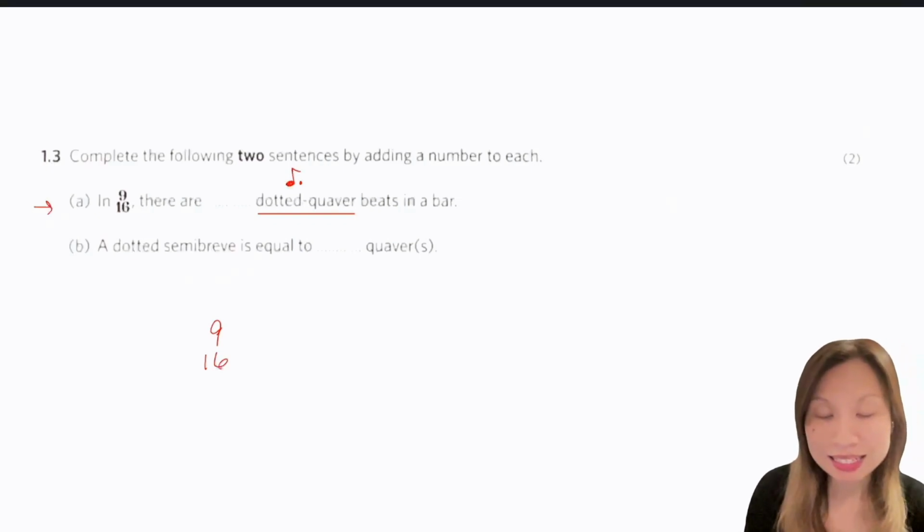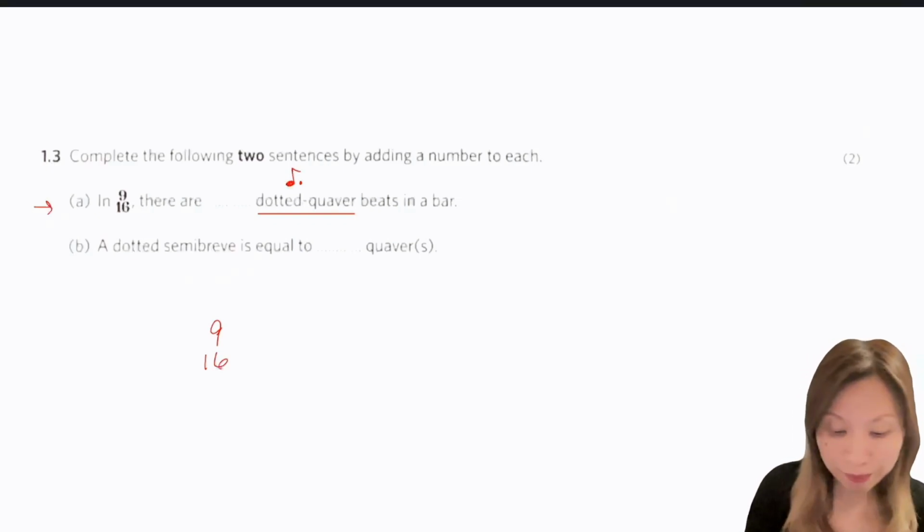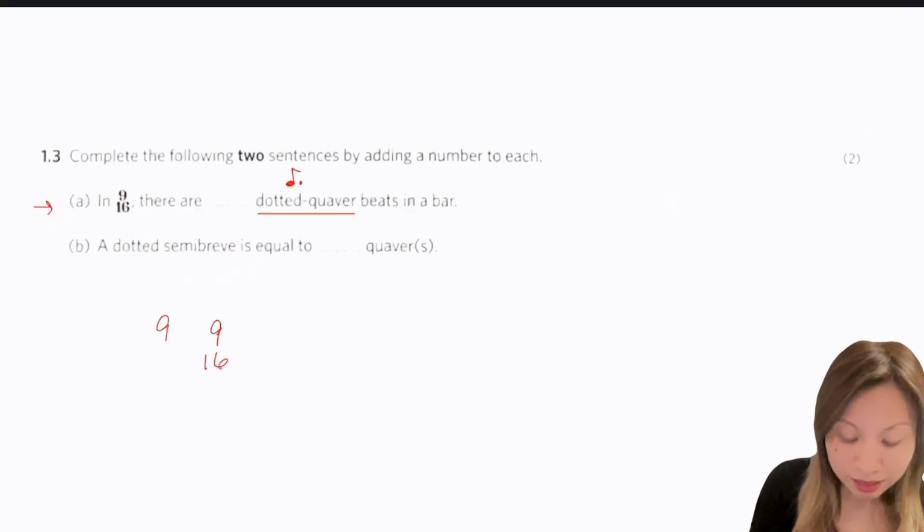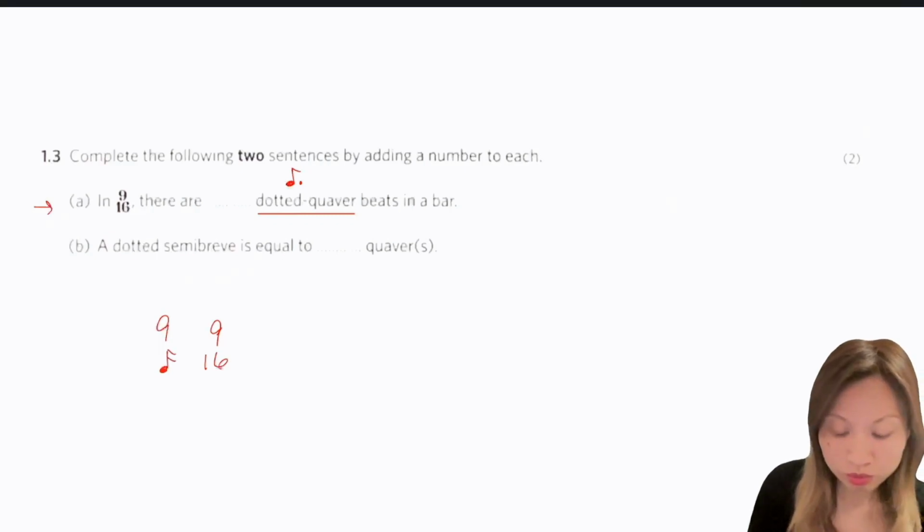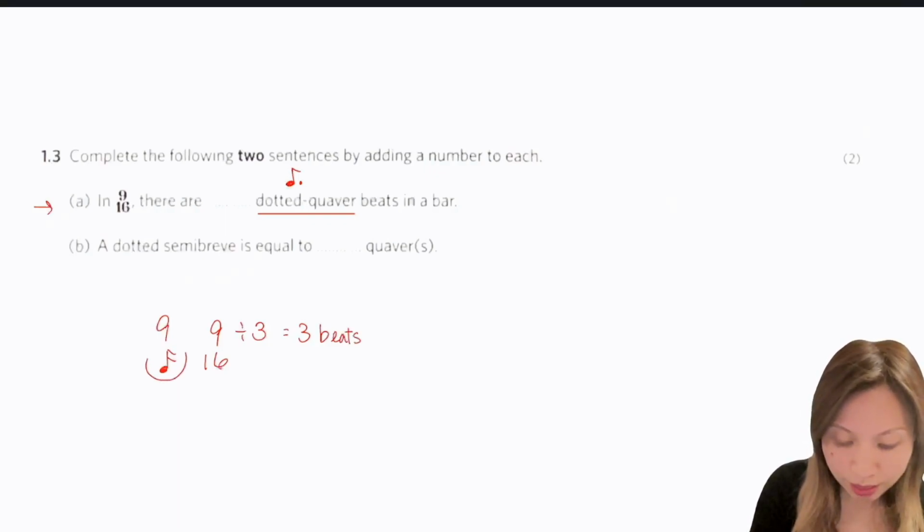Now 9/16 time, the top number 9 shows compound time. The bottom number 16 means semiquaver. So 9 semiquavers in a bar. What you want to do is divide the top number by 3. So you get 3 beats. And the bottom number 16 shows semiquaver.